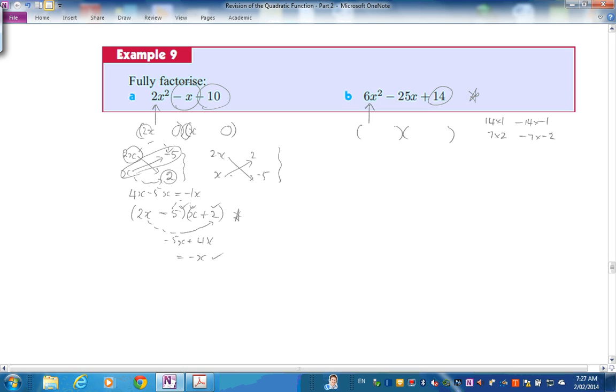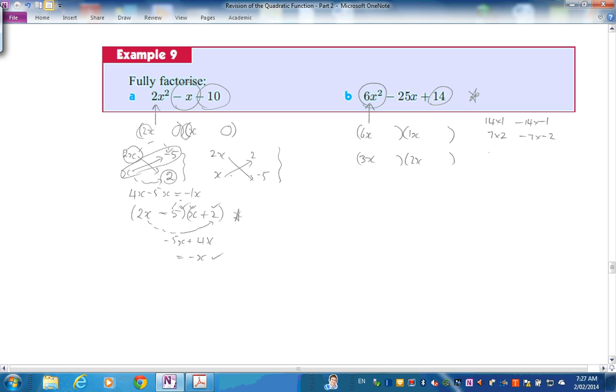To give that product 14. Unfortunately we've got a 6 here, so this could be 6x and 1x, 3x and 2x. We've got lots of combinations to try.